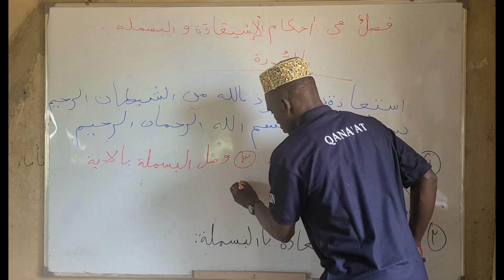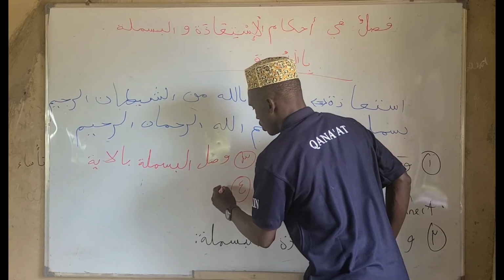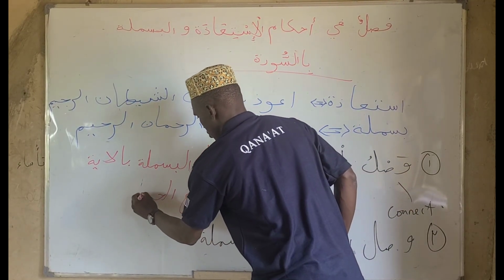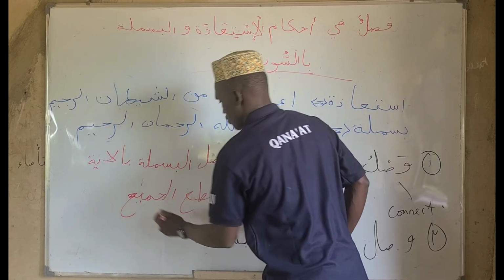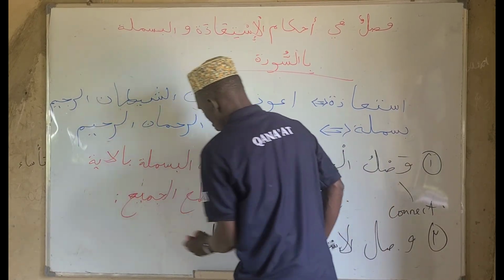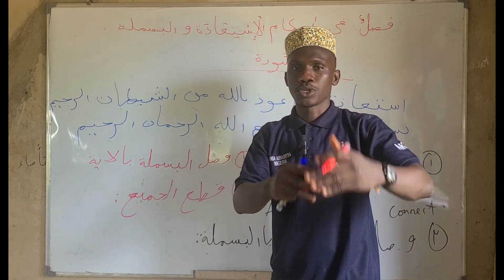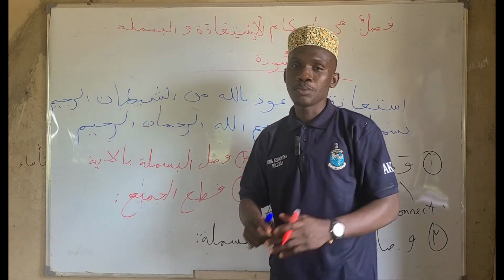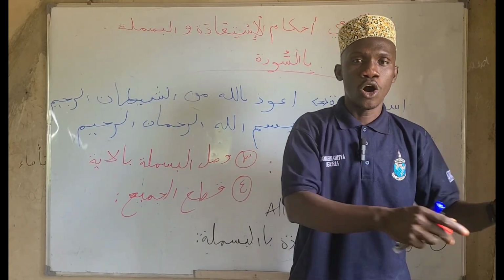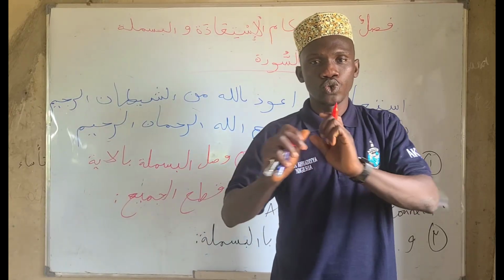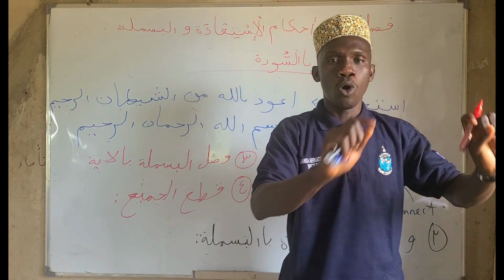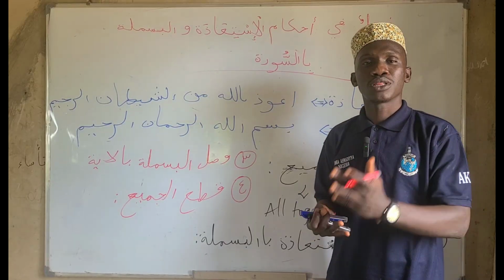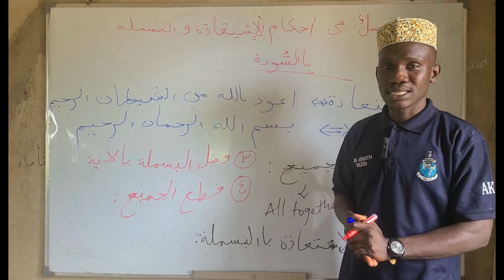While the fourth one is Qat'ul Jami'. Qat'u in Arabic means to cut something, to break something. So Qat'ul Jami' means you are going to break everything into pieces. You read them one by one: Isti'ādhah separately, Basmalah separately, and the verse separately.